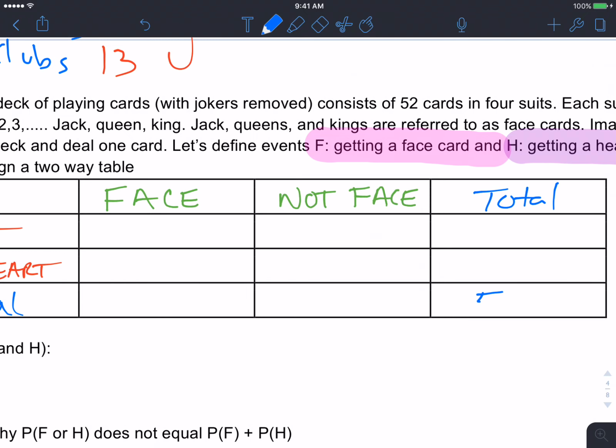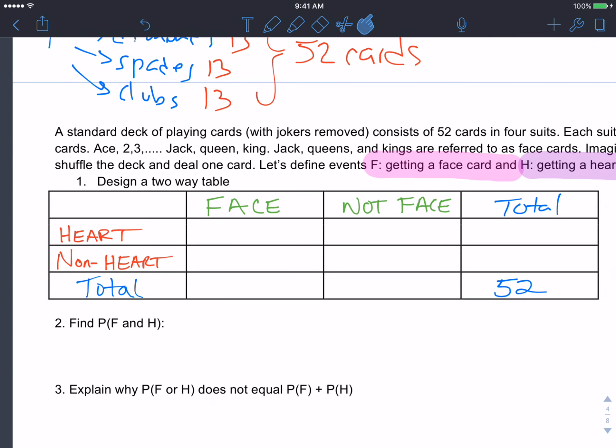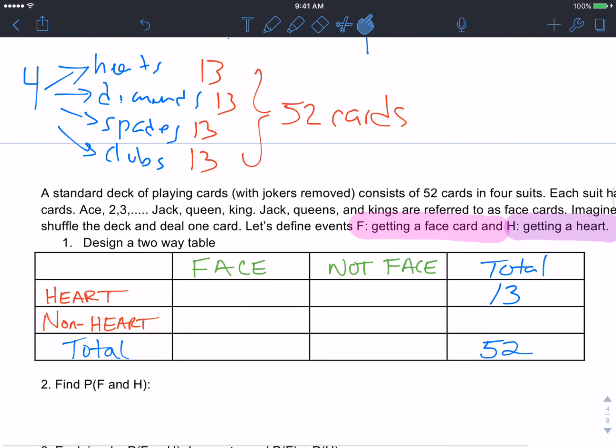I know my total amount of cards is 52, and I have to add up to that. I know there are 13 total hearts, from up here. Face cards are King, Queen, Jack.